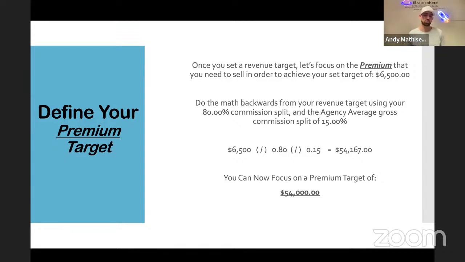Specifically with this commission split, 80%, that was just an example at my old agency. We had our agents that were paid 80% new business commission. All right, so take whatever percentage you make as a producer, and that is your commission split. And then you consider the agency average gross commission. So like we have 10 carriers, for example. What do those carriers pay percentage-wise? Take an average of that.